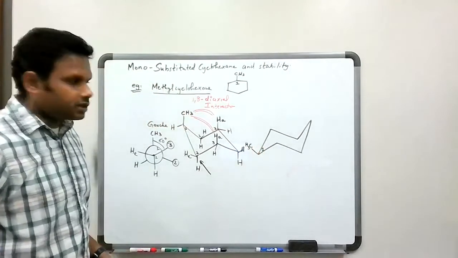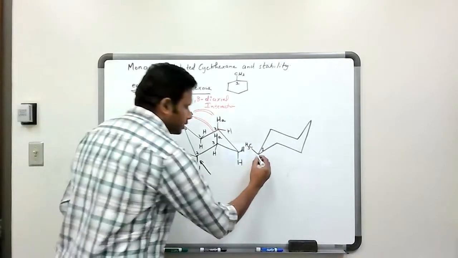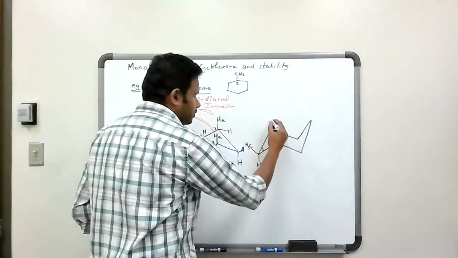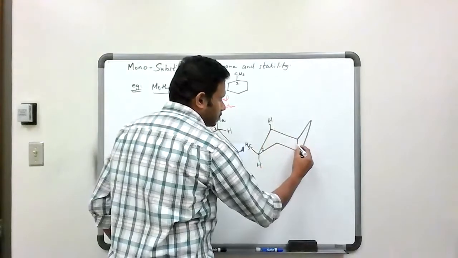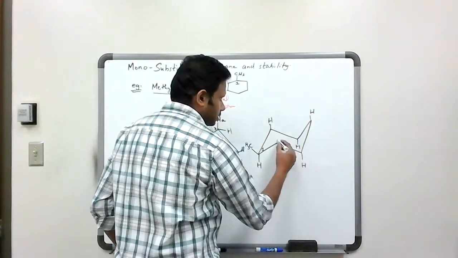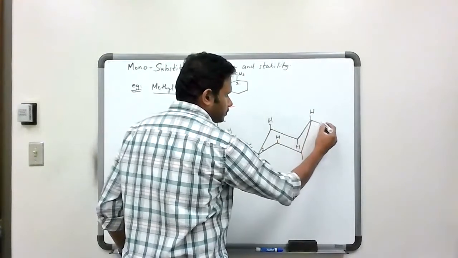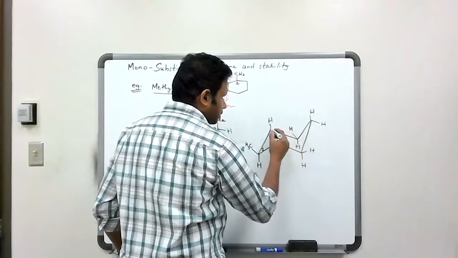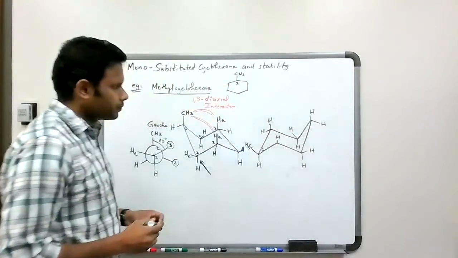So the methyl group is equatorial. And then other than that, the hydrogen here is axial, and we have a hydrogen here: axial, axial, axial, axial, equatorial, equatorial, equatorial, and equatorial.